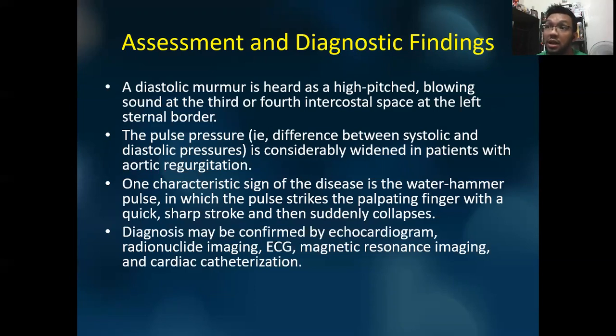Then it suddenly will collapse. That is the water hammer pulse. This is the characteristic sign of this disease. Diagnosis is confirmed by echocardiogram, radionuclide imaging, ECG, magnetic resonance imaging, and cardiac catheterization.